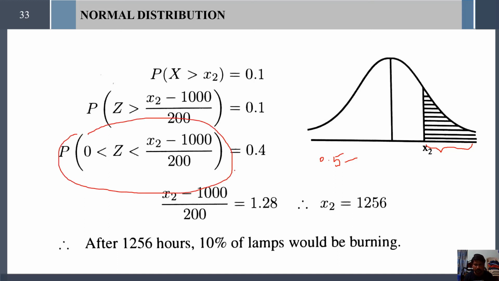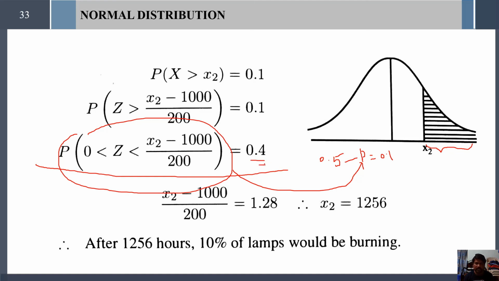I note this probability term as P, and that is equal to 0.1. Taking 0.1 to this side and the probability function to the right-hand side, the probability of 0 less than z less than (x2 minus 1000) divided by 200 equals 0.5 minus 0.1, which is 0.4.